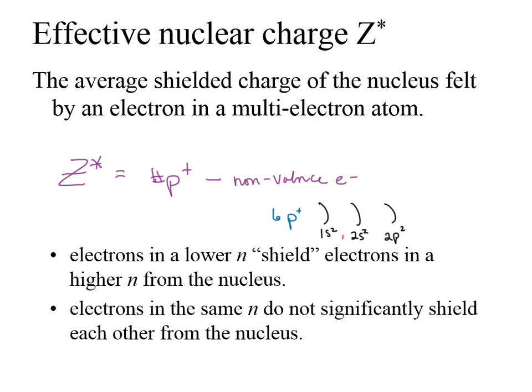So you guys would hopefully tell me that these are your valence electrons, right? Okay, so your non-valence electrons are right here. So the effective nuclear charge of a neutral carbon atom is 6 minus 2. The effective nuclear charge is a positive 4.